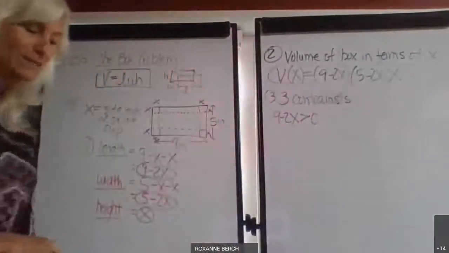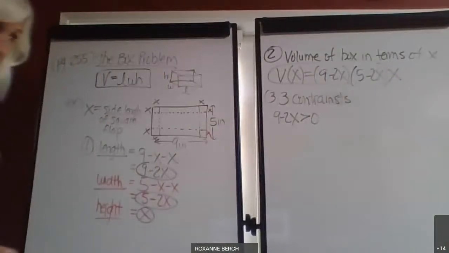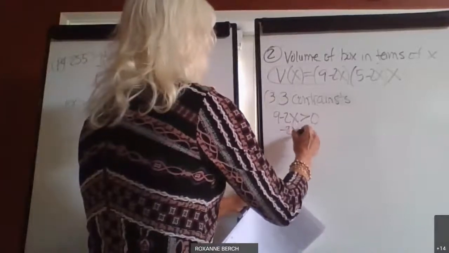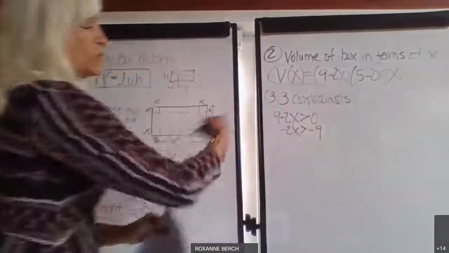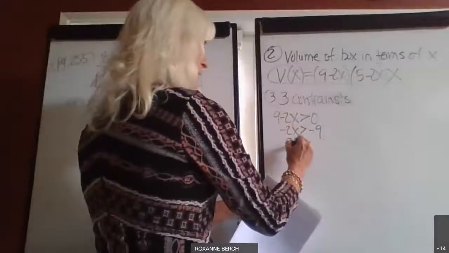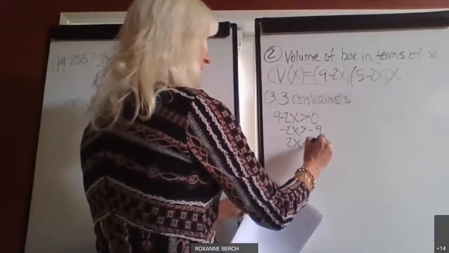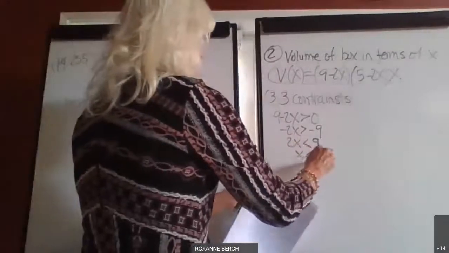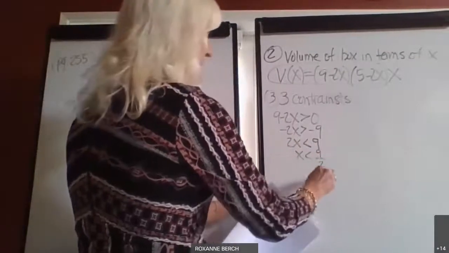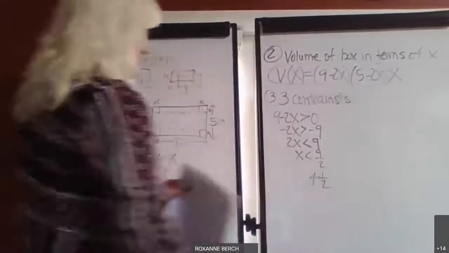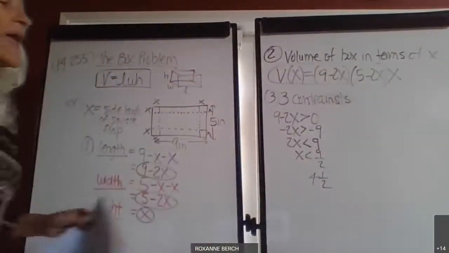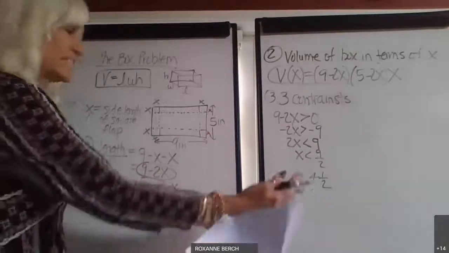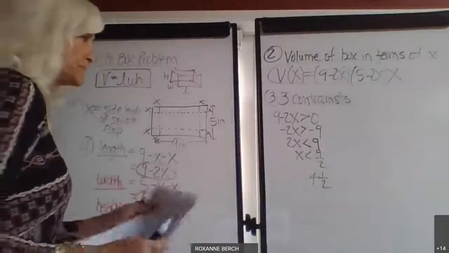It can't be negative, right? So length cannot be negative. So when we solve for x, we get negative 2x is greater than negative 9, and now we multiply by a negative. Multiplying by a negative flips the symbol, and now you divide by 2. So this is about 4.5. So x, the side length of the square, has to be less than 4.5.